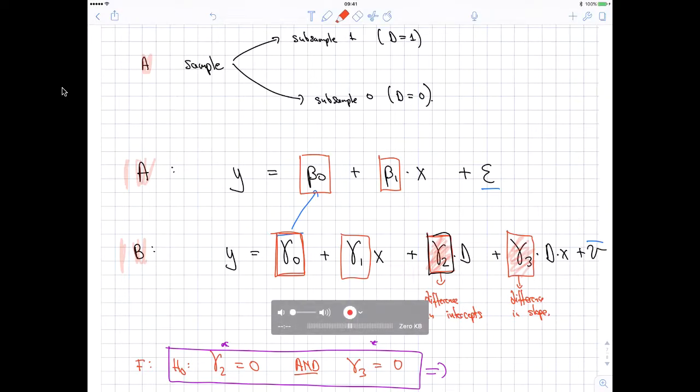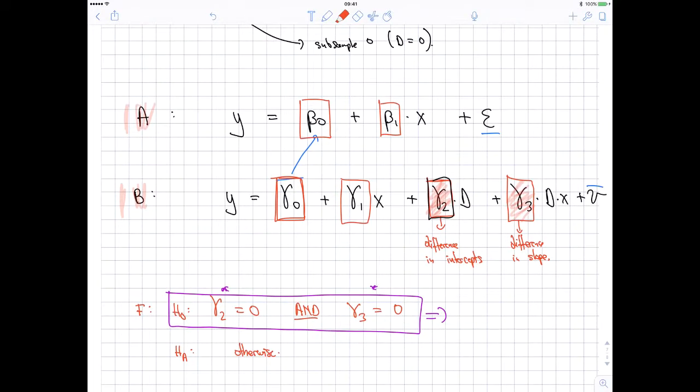Yeah, let me take one question. I don't understand why it's the difference in intercepts and difference in slopes, like gamma 2 and gamma 3. So you don't understand why gamma 2 is the difference in intercepts and gamma 3 the difference in slopes? The best way to do that is to look at this B regression and set D equal to 1.